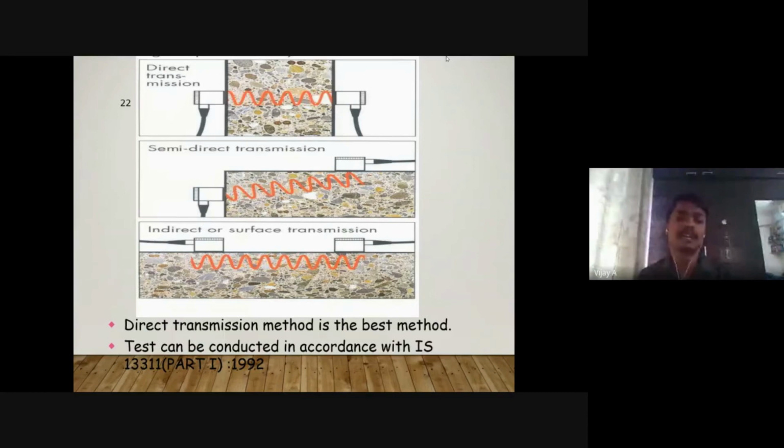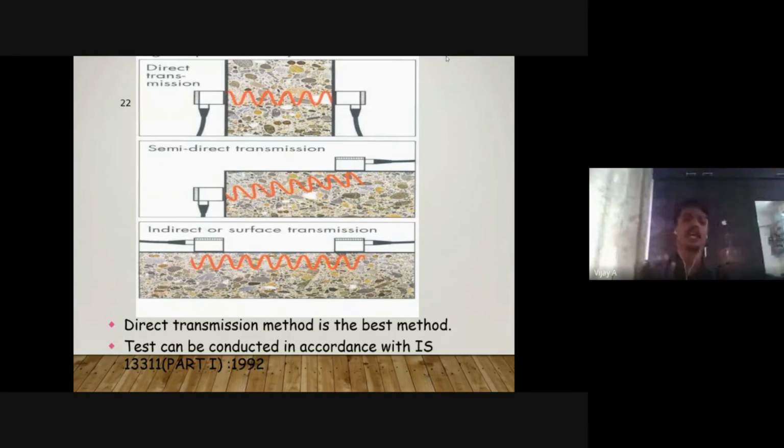Okay, and these are the different scenarios in which you will be using the ultrasonic pulse velocity. This is a very common method that you have already known, right? So direct transmission is where you place your receiver and transducer in the same line, and semi-direct transmission is on two different surfaces, any surfaces.